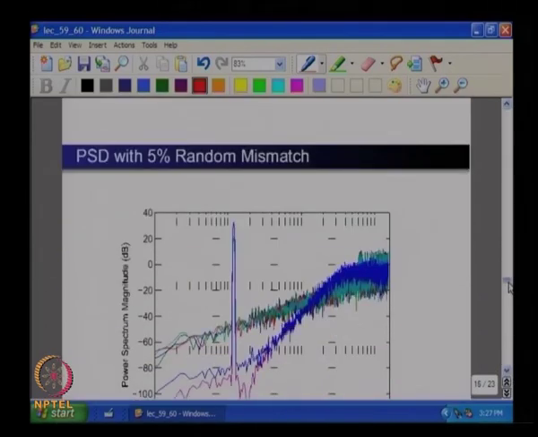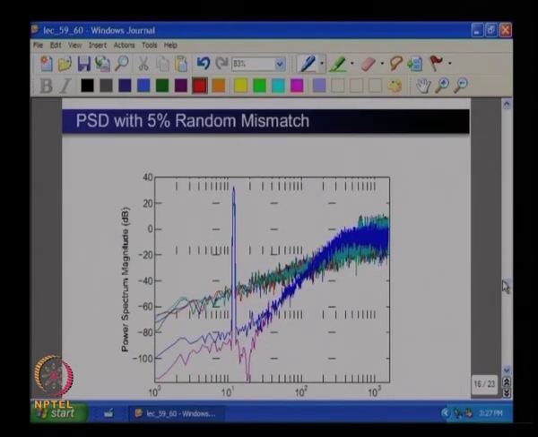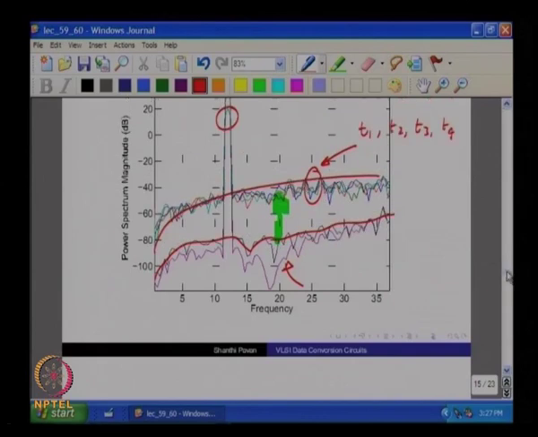Now let us see this on a log scale. With 1% mismatch, the noise due to mismatch is so close to the quantization noise that you are not able to see the first order noise shaping of the mismatch noise itself.